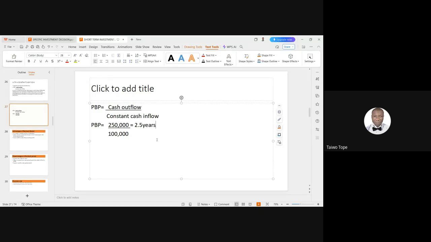So this is where you have a constant cash inflow.